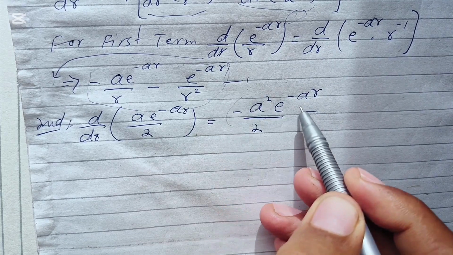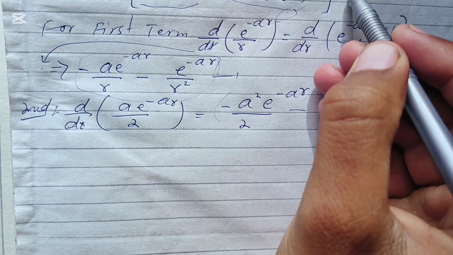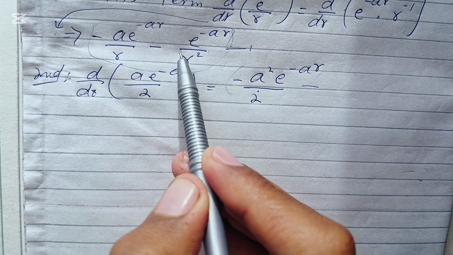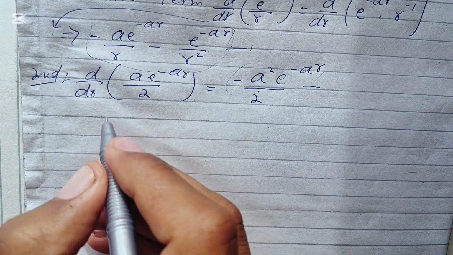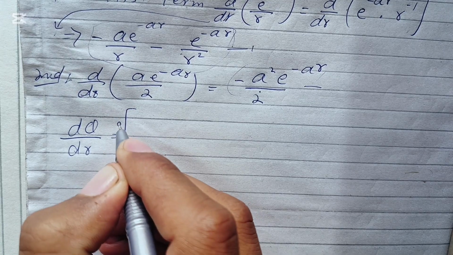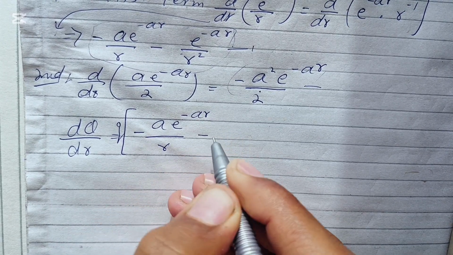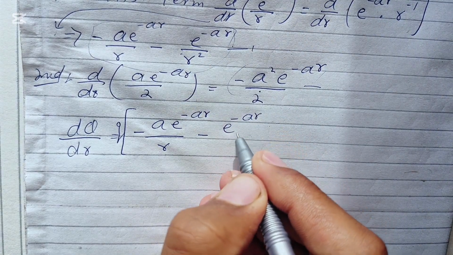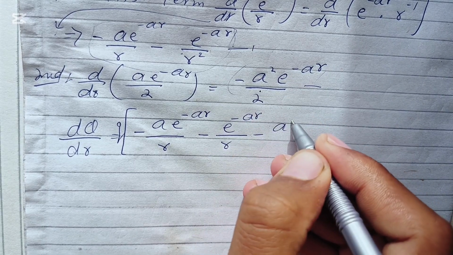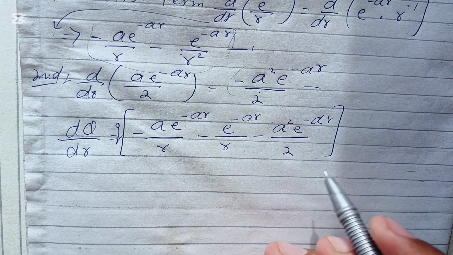Putting the value for the first term and the second term, d phi by dr equals q times minus alpha e^(-alpha r) divided by r, minus e^(-alpha r) divided by r square, minus alpha square e^(-alpha r) divided by 2. This becomes equation 5.